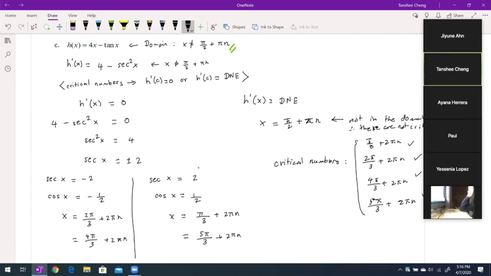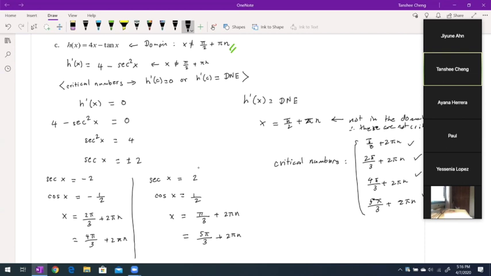Yeah, so critical numbers happen when the derivative function is equal to 0, which is talking about horizontal tangent lines, or when the derivative function does not exist, meaning a sharp corner where you don't have a tangent line at all.